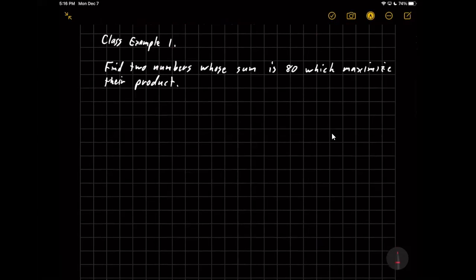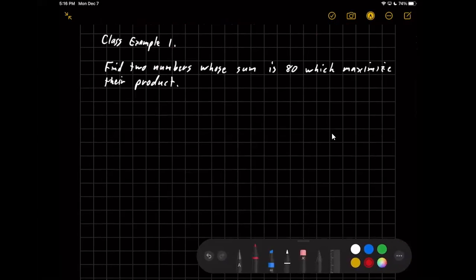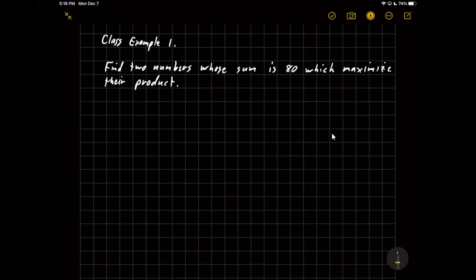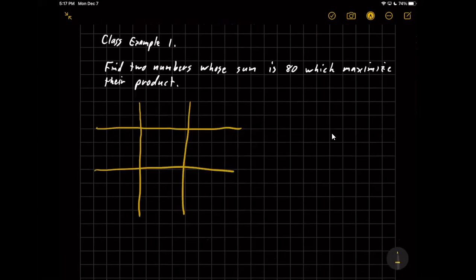We're supposed to find two numbers whose sum is 80, which maximize their product. What I want to do is lay out a way that we're going to approach these problems. We're going to set up a little grid. The top part of the grid for every problem will be verbal, and then the bottom part will be algebraic.